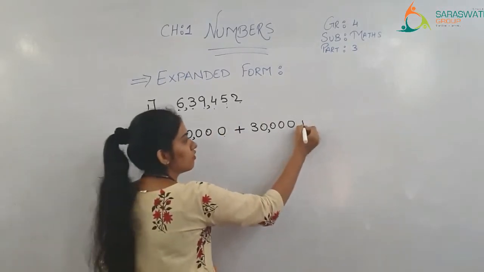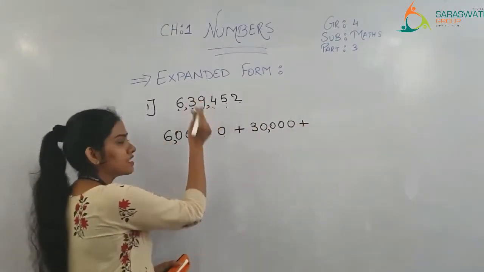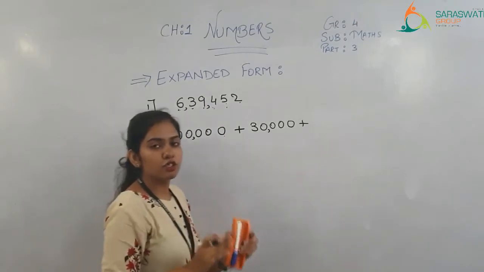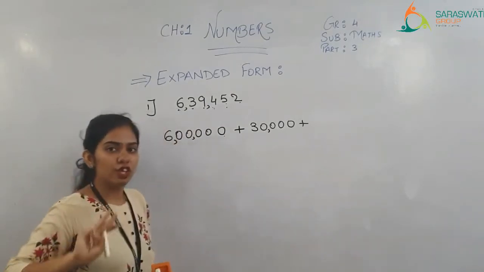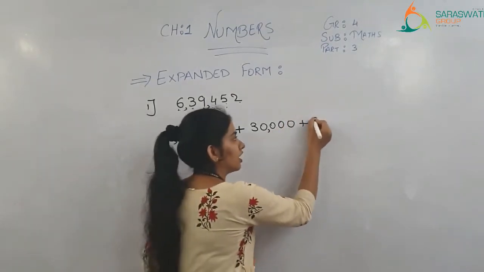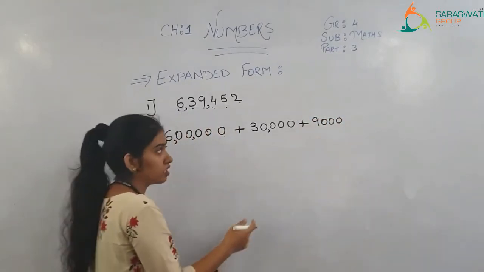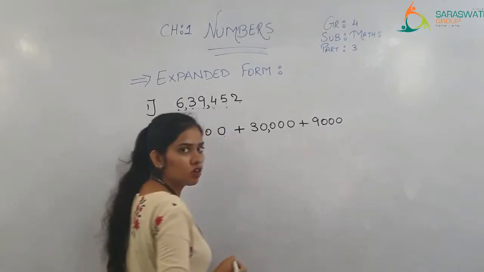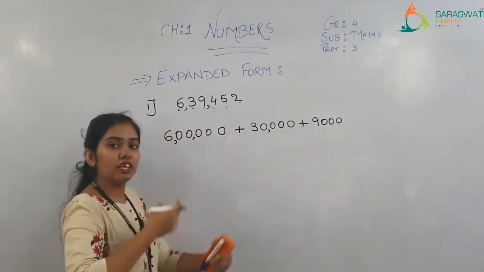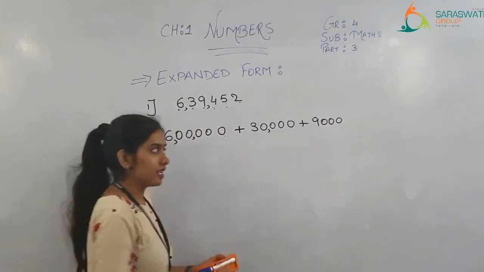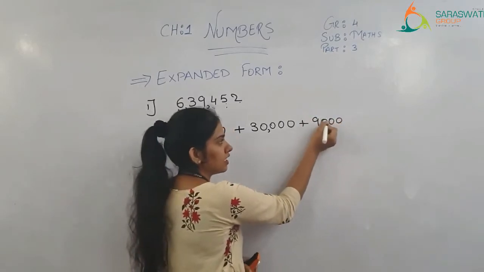Now again the sign of addition. 9 is at the place of thousands. So in thousands we are having 3 zeros. So 9 followed by 3 zeros, we get 9,000. Now again we have to place the comma over here so that we can read the number very easily. As I said, ones, tens and hundreds.